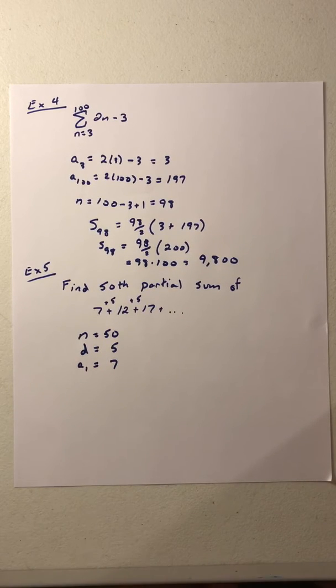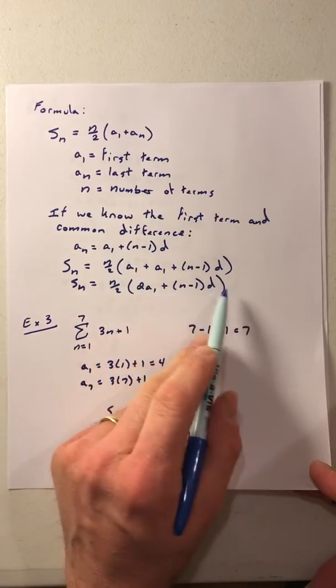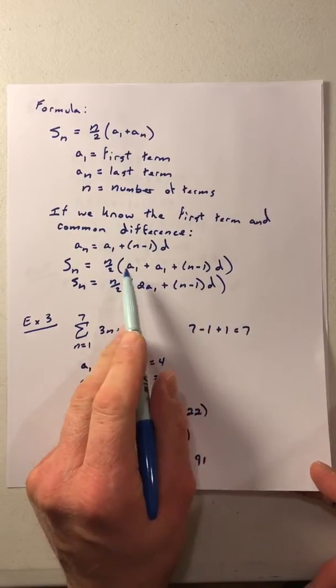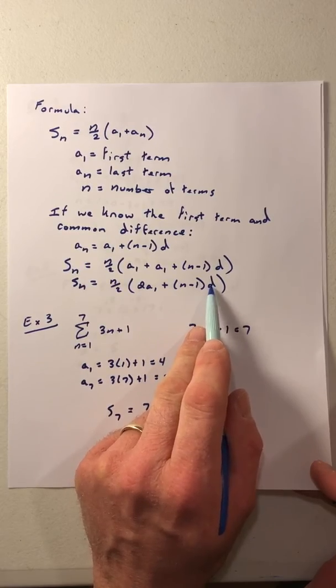So if I think about that, I could come up with the linear equation, and I could go ahead and figure out what the 50th term is to use that equation. But if you remember, and I'll put it back up here for a second, we came up with this other equation based off of the first term, the number of terms, and that common difference.